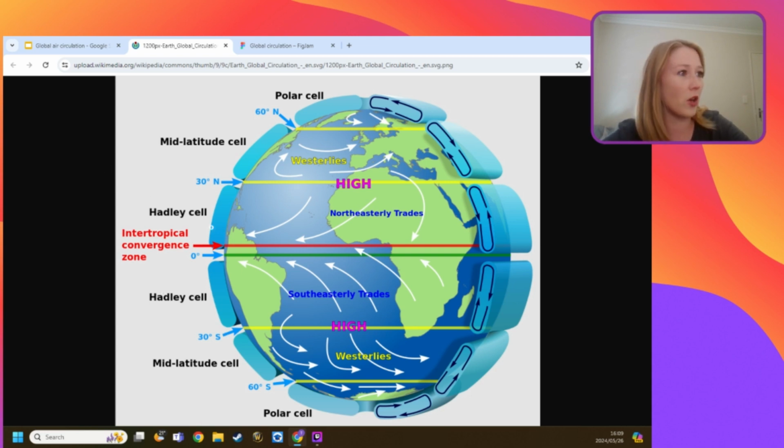We've got a whole bunch of cells over here, we have wind over here, we have high, low pressure systems, we have all wind blowing in every direction and a big red line. So what I'm going to do is I want to go through each section bit by bit, and then hopefully by the end of it, when we get back to this diagram again, this will make a lot more sense.